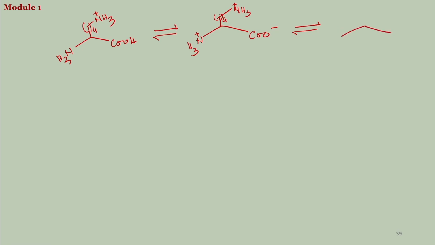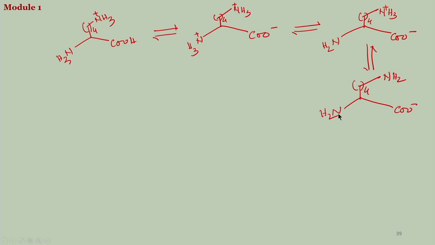The second one would be deprotonation of either of these amines. It turned out that the pKa of this amine is less. So this would be protonated. This one would be deprotonated, becomes NH2, and then the side chain amine, this would be deprotonated, minus NH2.